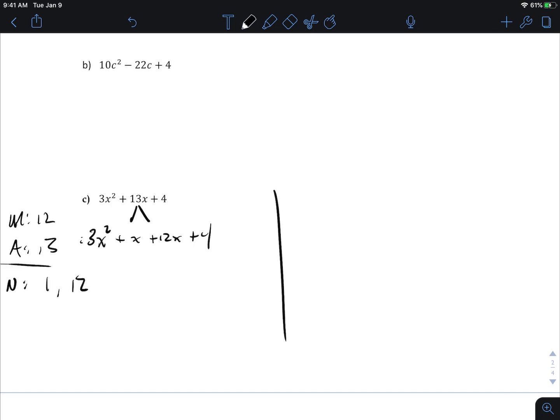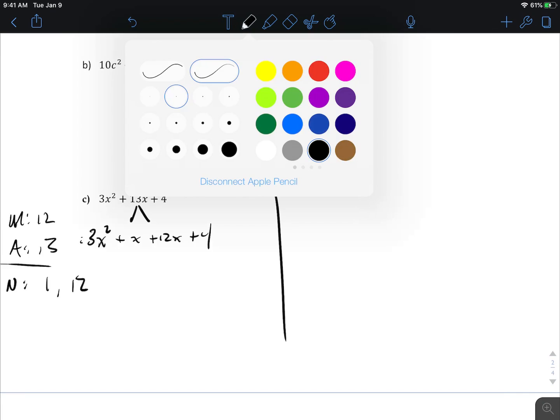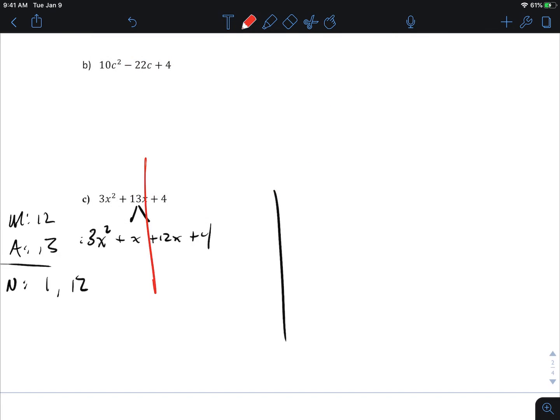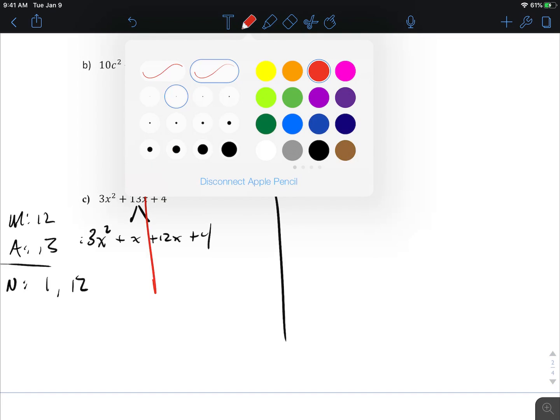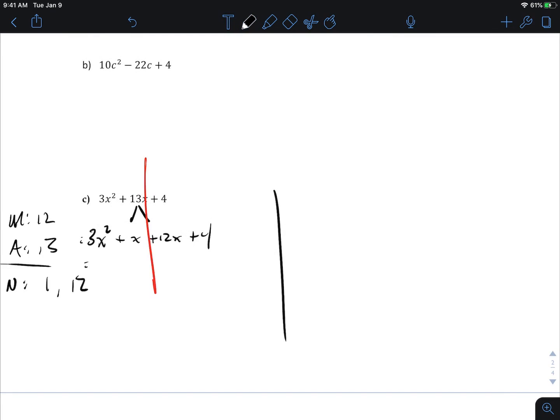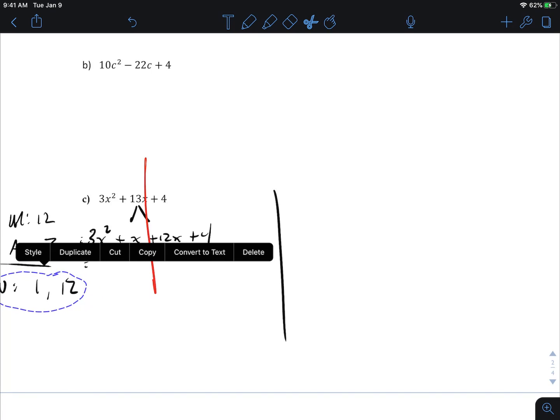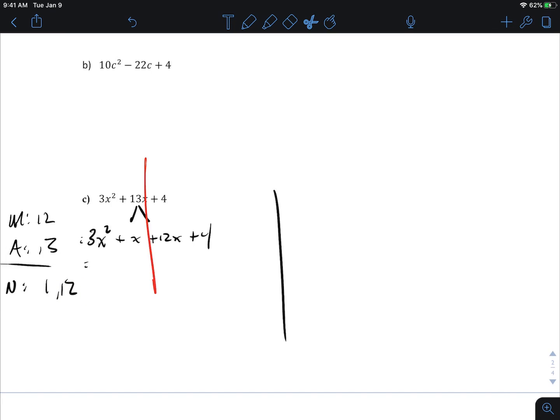Okay. Then I'm going to break this down the middle, and deal with what I can factor out in the first two and what I can deal with in the second two. Okay, so I see I can take x out of the first one, and I'm going to be left with 3x plus 1.